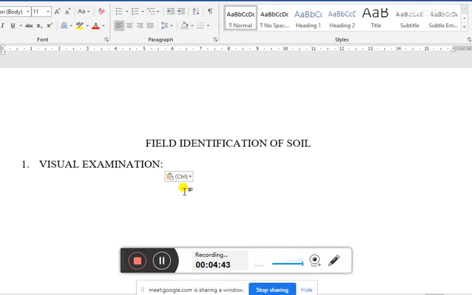Visual examination is nothing but testing the soil by watching or observing the soil. By touching the soil, you may understand the characteristics of the material or the particles of the soil.